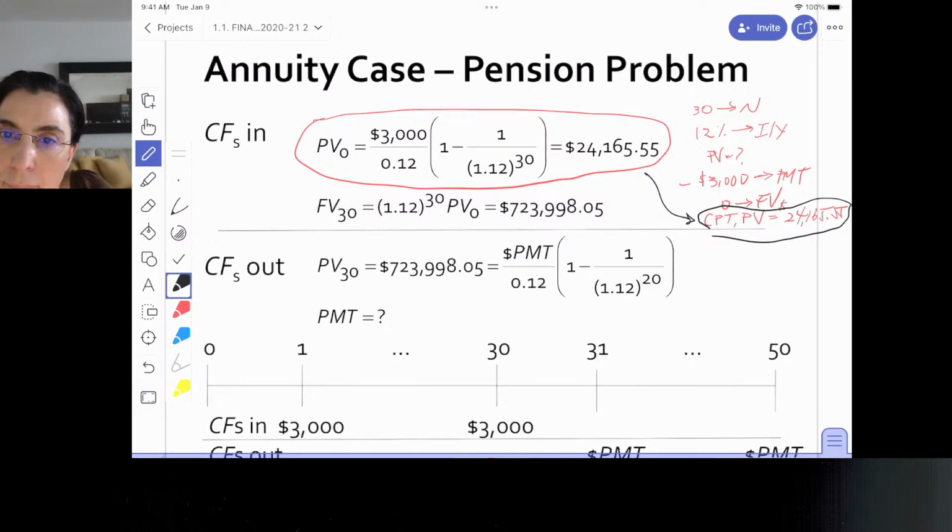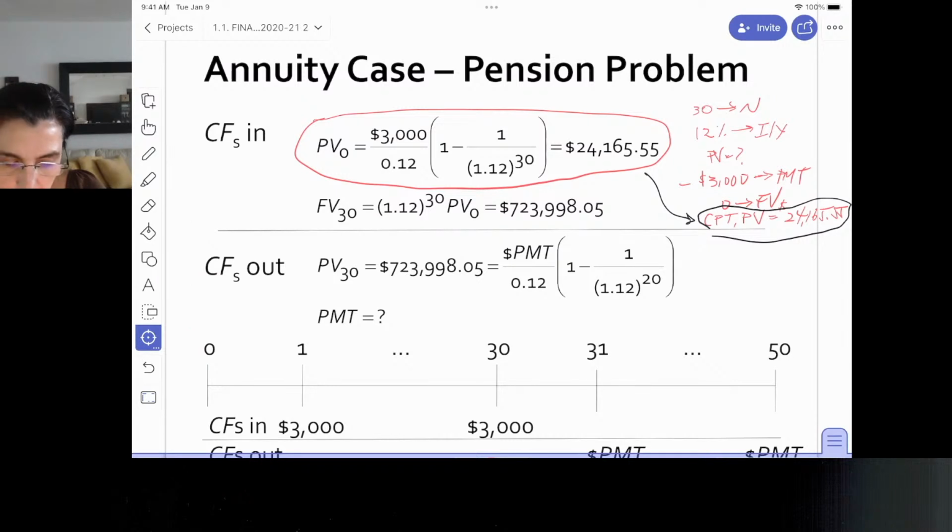All right, so what I really want, though, is not the present value version of this set of cash flows. I want the future value. I want to know at time 30 how much I have in the fund. So with the same values in my calculator, I can press the FV key to get this other number, 723,998.05.